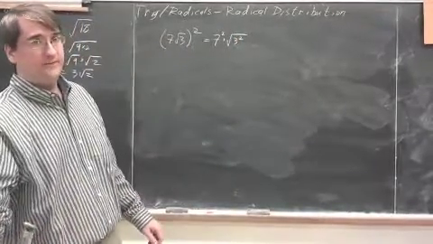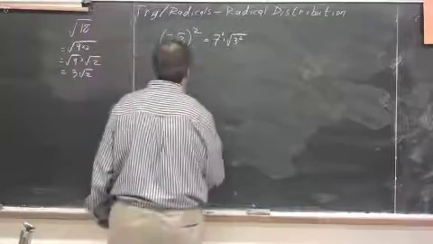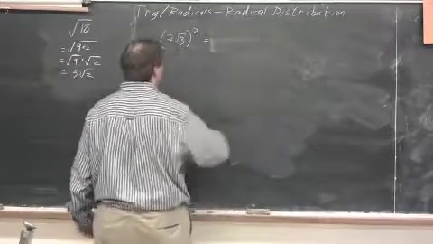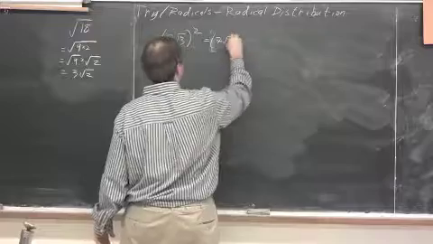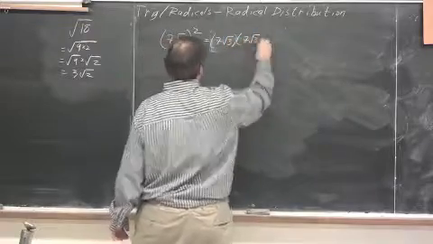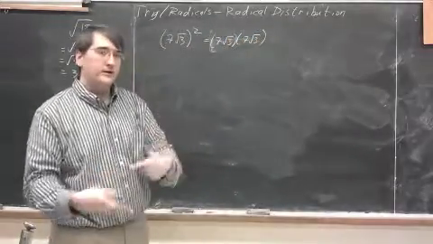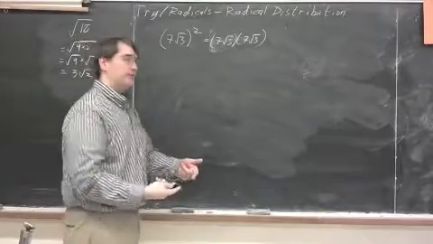That is a shortcut version of what really is happening. What really is happening is that we have 7 radical 3 times 7 radical 3. And that's what ends up giving me the 7 squared and the radical 3 squared.